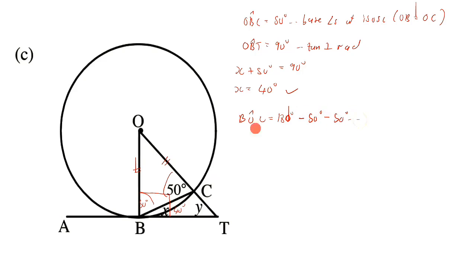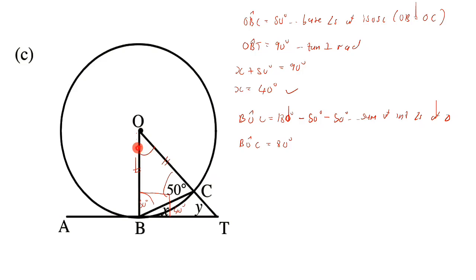So why are we doing this? Sum of interior angles of a triangle. So you see this triangle OBC, so we are using that one. Then BOC now should be equal to 80 degrees.